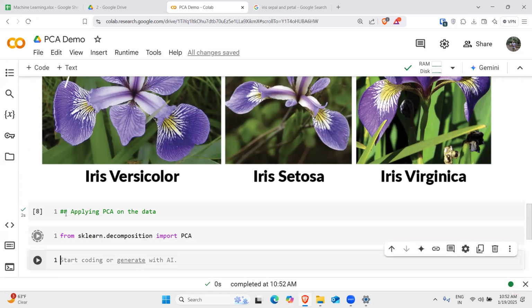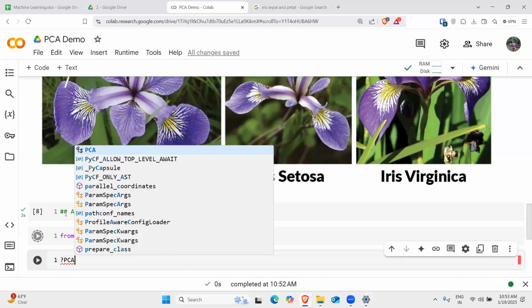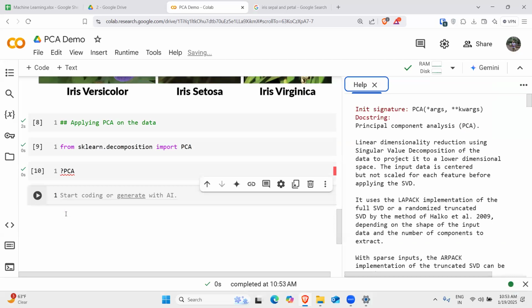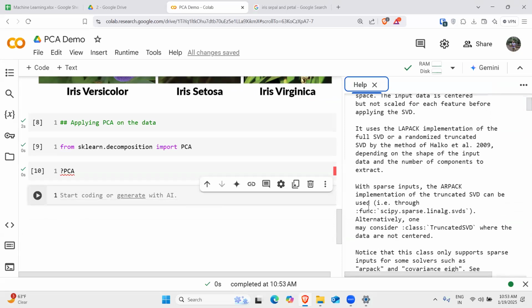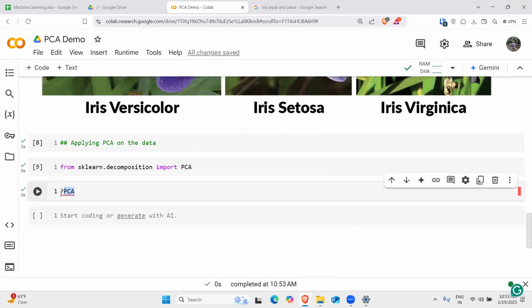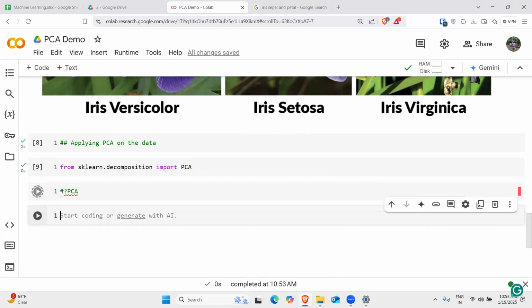If you write question mark PCA, you'll get help related to PCA, like what are the different parameters and arguments that you can pass, and everything related to PCA's explanation. Anyway, I'll just comment this out and let's move to the next part.